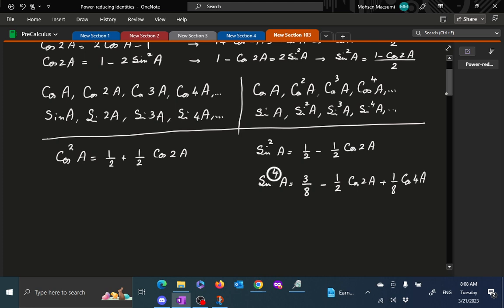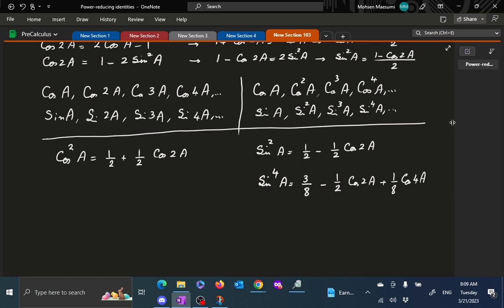You would suspect there will be 2a, 4a, and 6a on the right hand side. You might be wondering about sine cube and so on. Well, slightly different kinds of formulas apply there. Not everything fits in the same pattern. For even powers, we have one set of formulas; for odd powers, there are multiple options. Let's go one at a time.